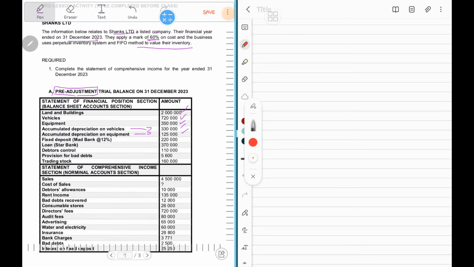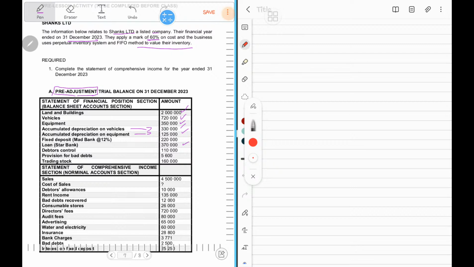Then we are given the fixed deposit at Medbank at 12% per annum. So the fixed deposit along with their interest on fixed deposit, we can use it to find the interest income for the year. Then we are also given the loan at Star Bank. We are not given the interest, but we are given 370,000 interest.